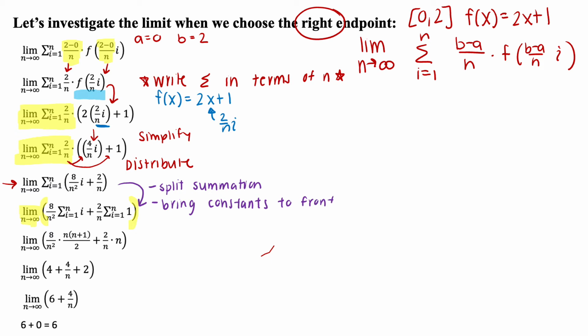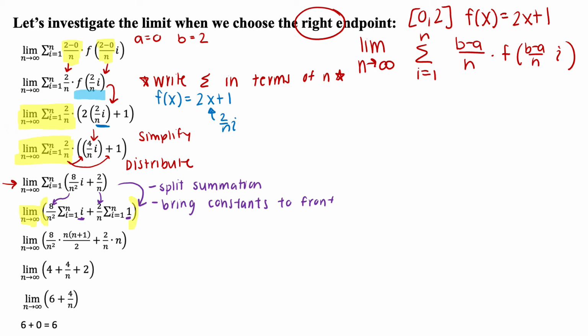So this 8 over n squared is just a constant, so it goes out front. 2 over n, also just a constant, goes out front. We can leave our i, and when you pull the 2 over n out, you are just left with a 1. So take a second, and if you don't see that step, because there's a lot happening, ask your teacher to pause the video and go over how you got there.